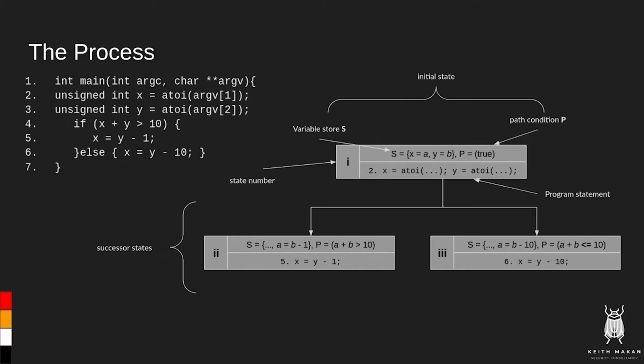And so the other side is just the not condition of that. It just says A plus B has to be smaller than or equal to 10. Okay, that's the not condition of the other side. So now we immediately have both sides in view, and we can decide whether they're interesting. Like you can say, is it interesting to our analysis that A should be B minus 10?